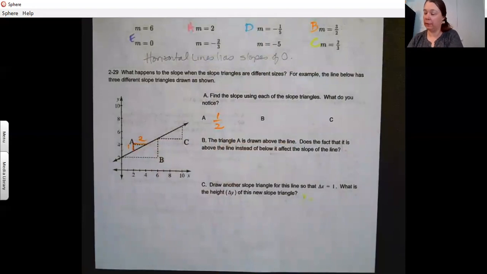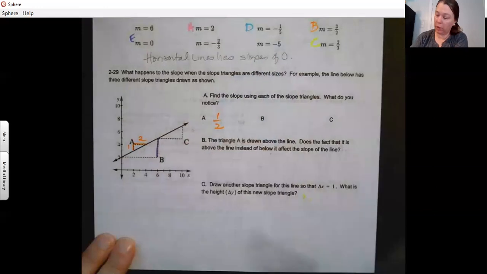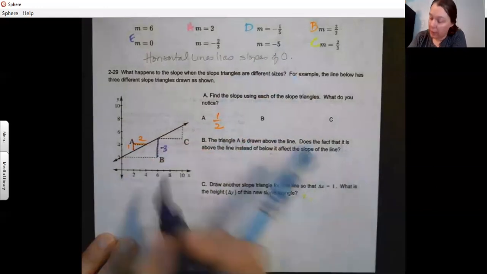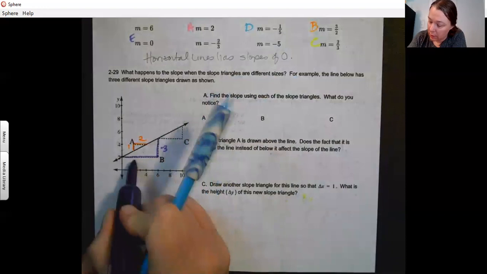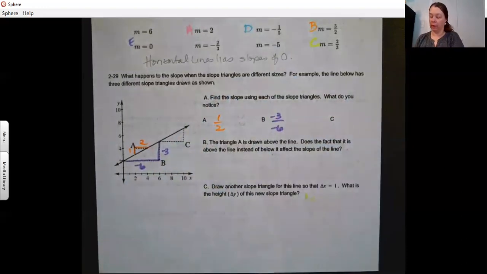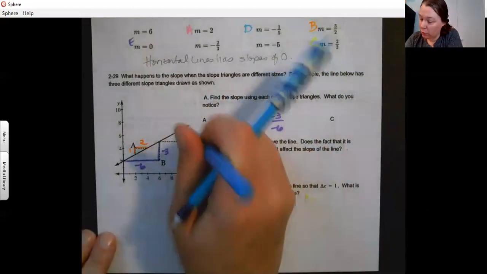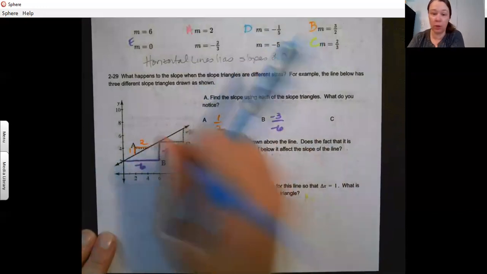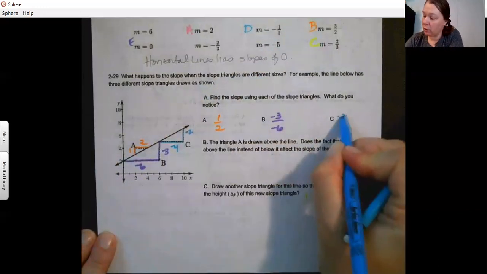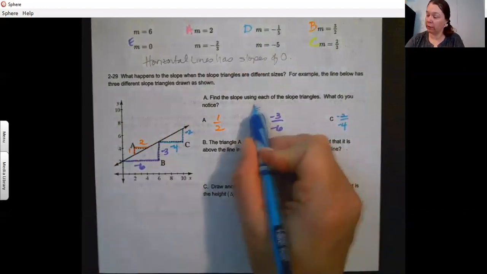For B, I'm going down 3, so -3, and then I'm going back 6, so -6. So -3 over -6. And then C, I'm going down 2, so -2, and I'm going back 4, so -4. So -2 over -4. What do you notice about those 3 values? You should notice that they're all equivalent, right? So they're equivalent.